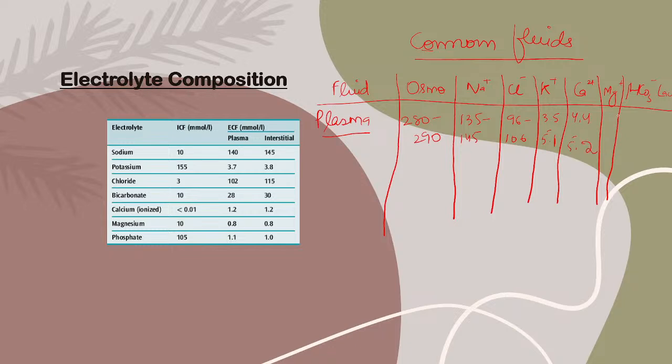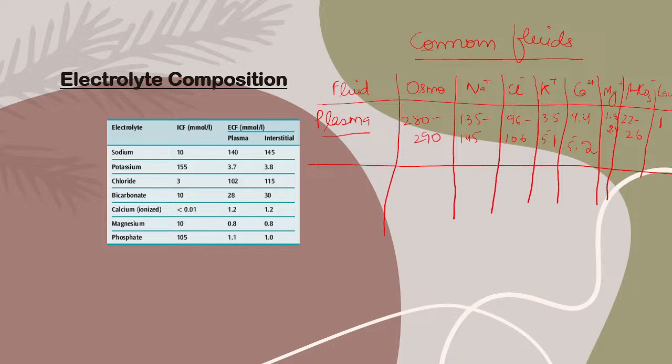Magnesium is 1.8 to 2.4, bicarb is 22 to 26, and lactate is 1. So this is the normal plasma concentration of these electrolytes.